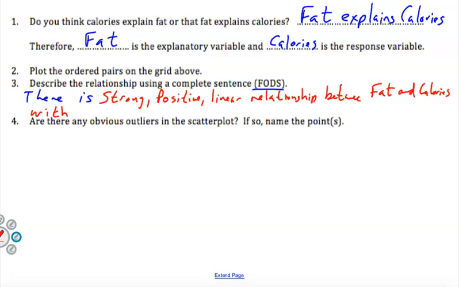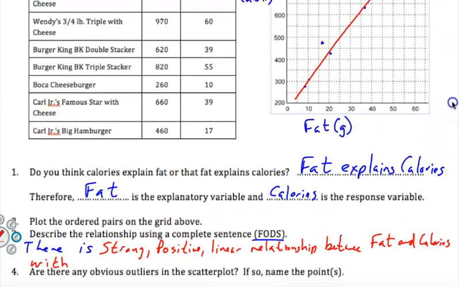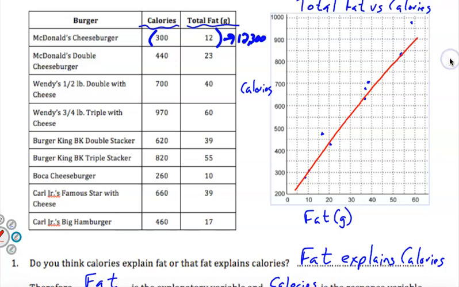and then we have to look for outliers. So if I go look at my graph, do we see any dot that's far away from the rest? And so sometimes people think this dot up here maybe is far from the rest, but it's not. It's right in line with the rest of them. An outlier would be if I have a dot like way down here somewhere, okay? That would be considered an outlier.